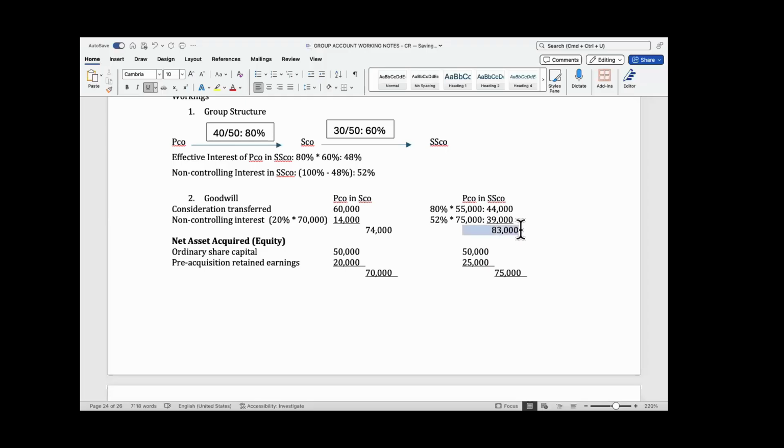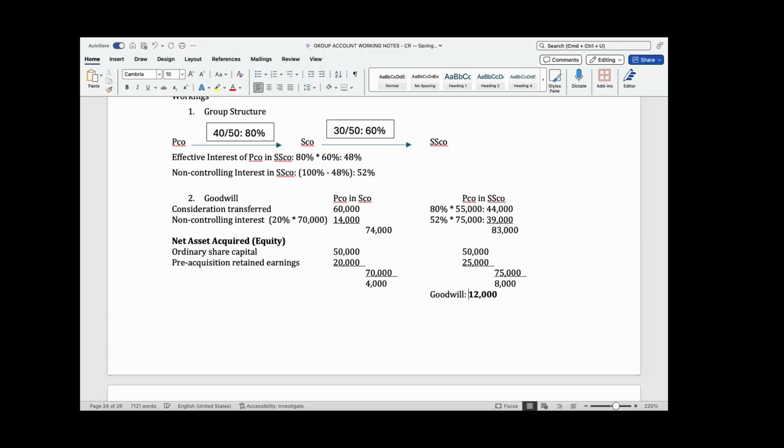The combined value of what the parent paid and NCI value in SSCO is 83, and the net asset is 75. So what is the goodwill? This is 4,000, and this is how much? 8,000. So the collective goodwill is how much? Is 12,000.